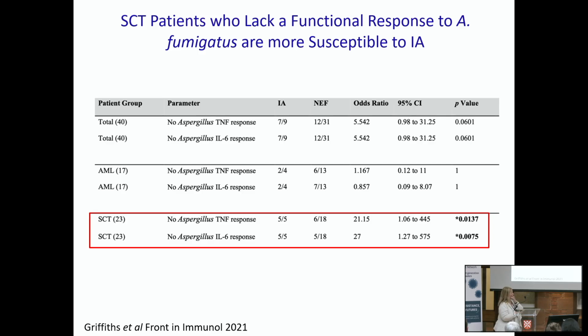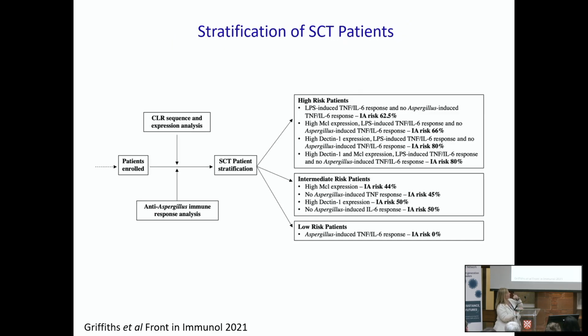and developing invasive aspergillosis. And so when we separate that all out, in the high-risk patients, if a patient's cells produced IL-6 or TNF in response to LPS, but did not produce those cytokines in response to Aspergillus, then 62% of them developed aspergillosis.